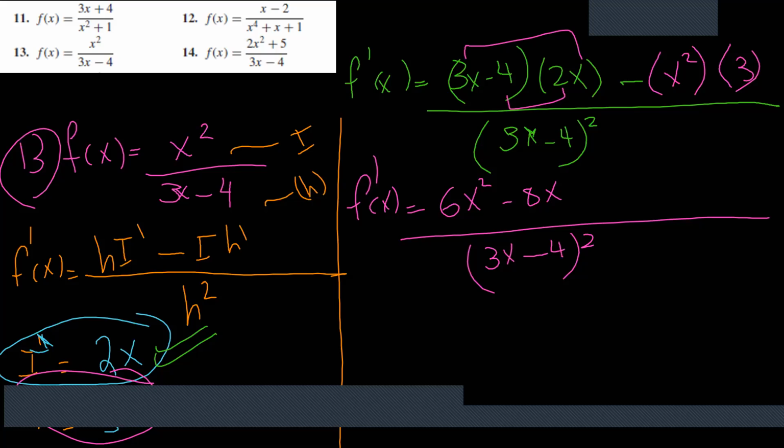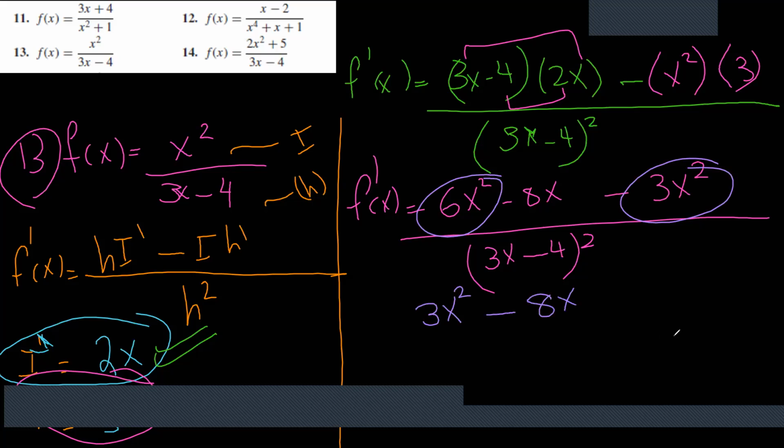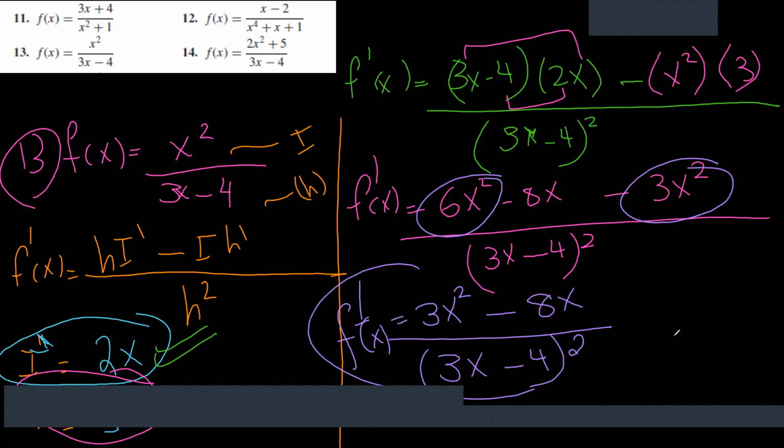Minus x squared times 3, it's 3x squared. Then 6x squared minus 3x squared is 3x squared minus 8x over 3x minus 4 squared. This will be f prime of x. Is it clear?